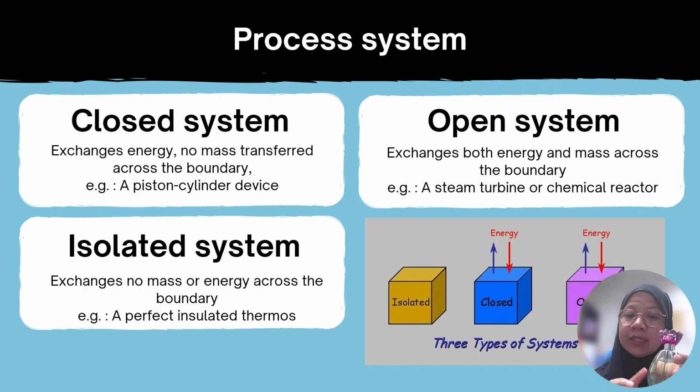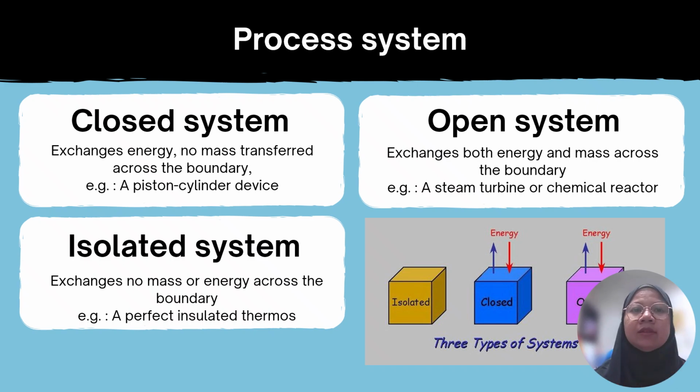So the system is the liquid perfume. The boundary is this bottle. What bounds the system, we call the boundary. And what is the surrounding? The surrounding means anything else that is outside the system.